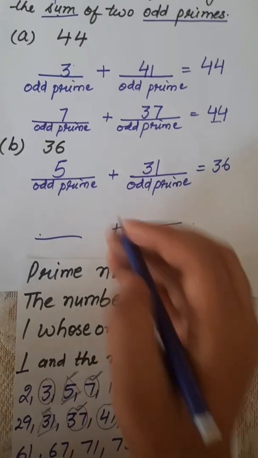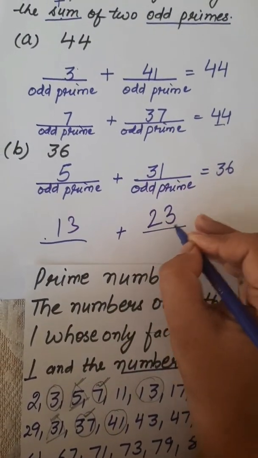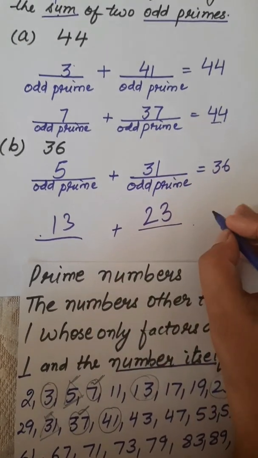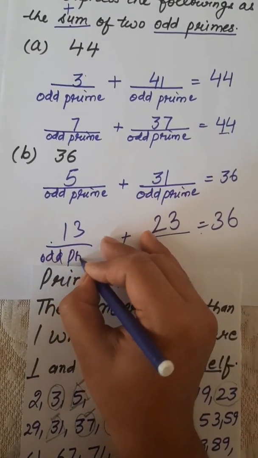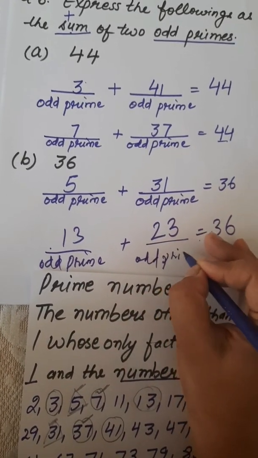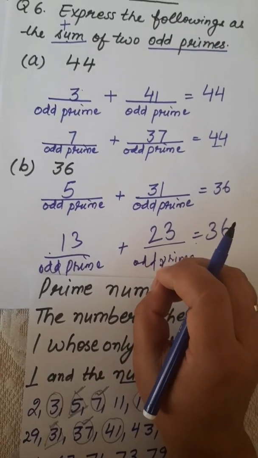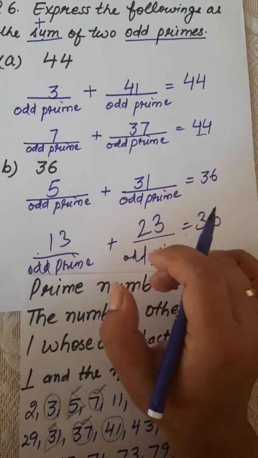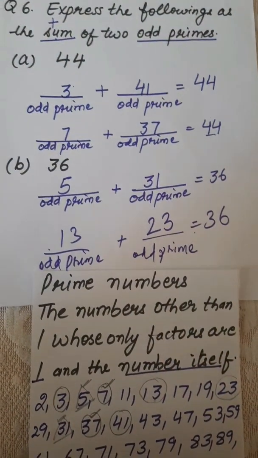So again we have another pair, that is 13 and 23. If I add both the numbers, I will get 36, where 13 is an odd prime and 23 is also an odd prime. And in this way I expressed the sum of two odd prime numbers so that I will get 44 and 36.